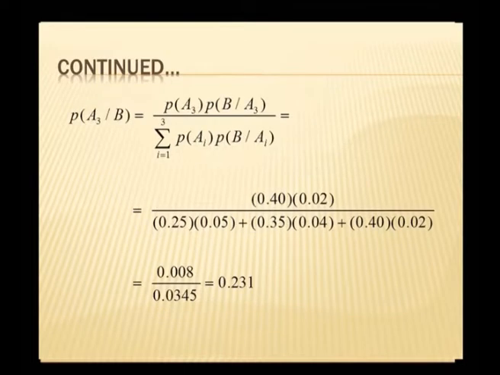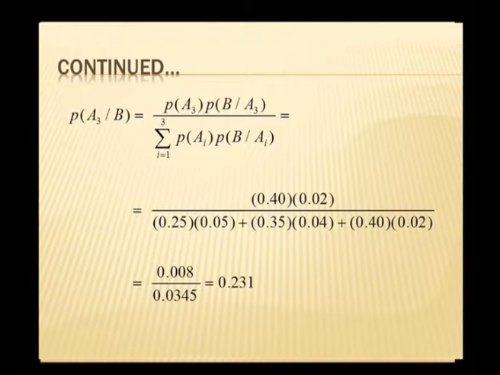Now, you can determine this similarly for the second and third machines. If we take the second machine, P of A2 by B is given by P of A2 into P of B by A2 divided by the summation of P of Ai into P of B by Ai. In all these 3 cases the denominator is the same, only the numerator will be changing. In the second case, P of A2 is 0.35, P of B by A2 is 0.04. So, you substitute in this, and your value P of A2 by B is 0.405.